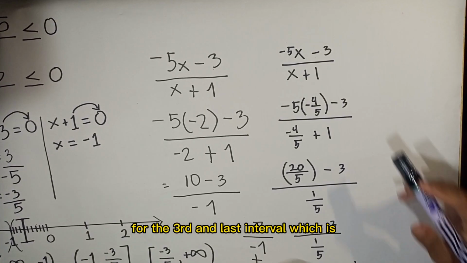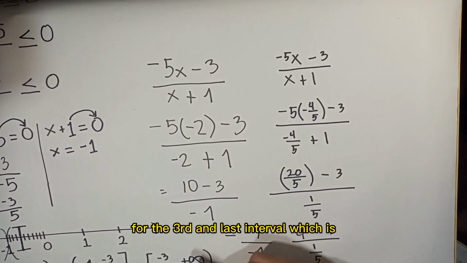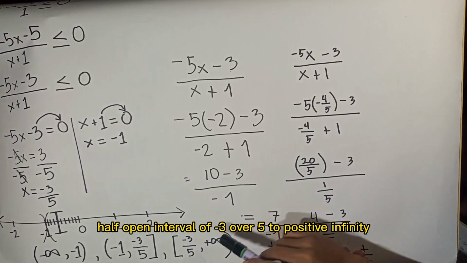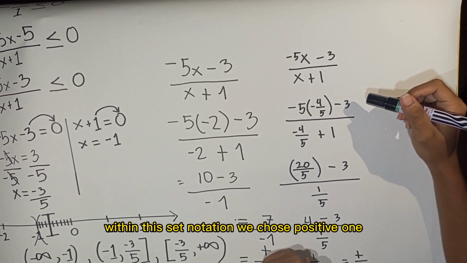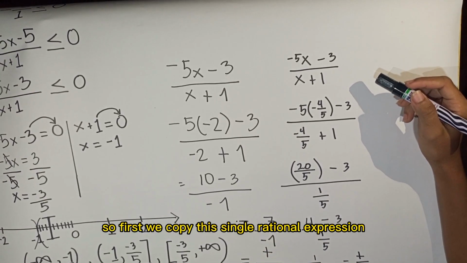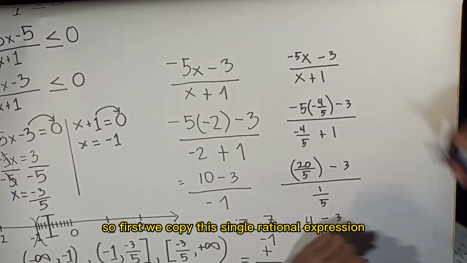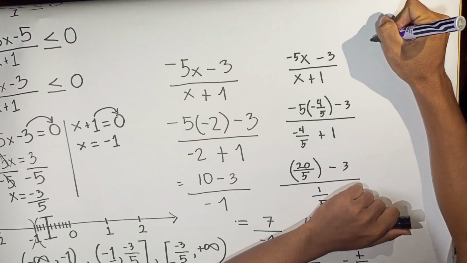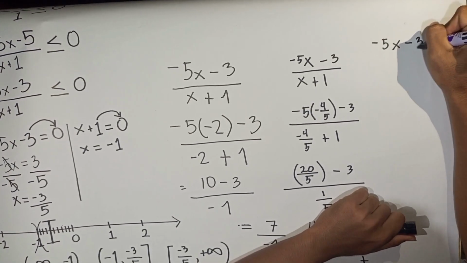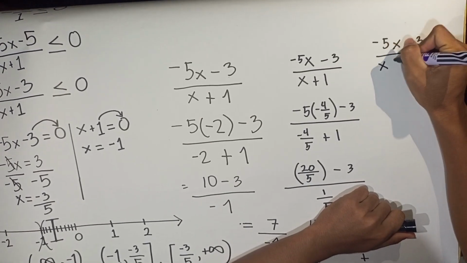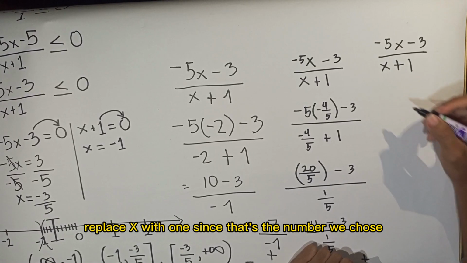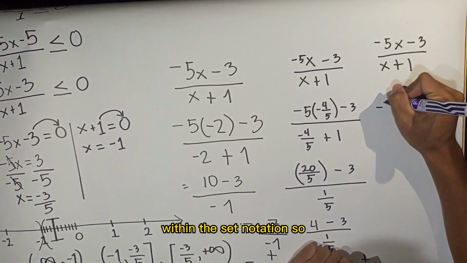For the third and last interval, which is the half open interval of -3/5 to positive infinity, within this set notation, we chose +1. So first, we copy this single rational expression. Replace x with 1 since that's the number we chose within the set notation.